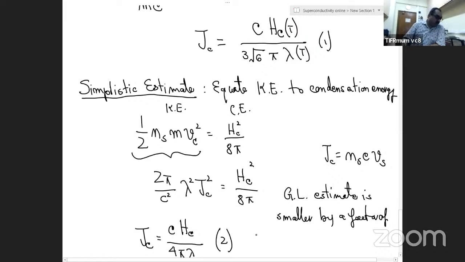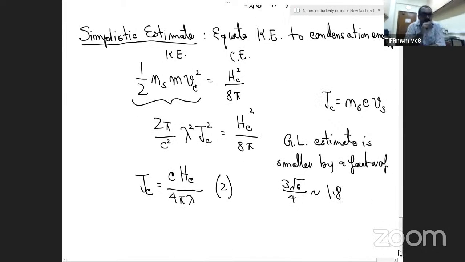Factor of, to be precise, 3 root 6 by 4, and this is of the order of 1.8, so roughly 2. So the simplistic estimate is larger than the GL estimate by roughly a factor of 2. Can anyone guess physically why this simplistic estimate is larger?